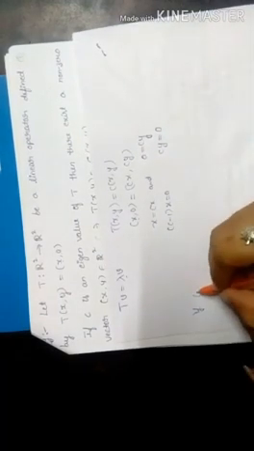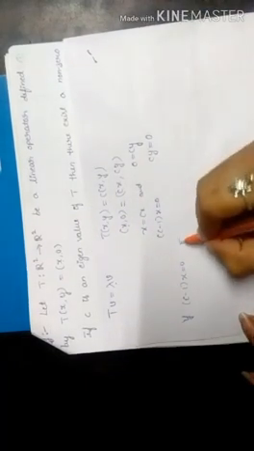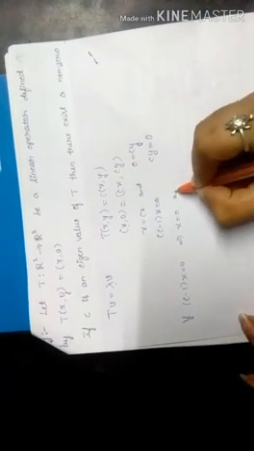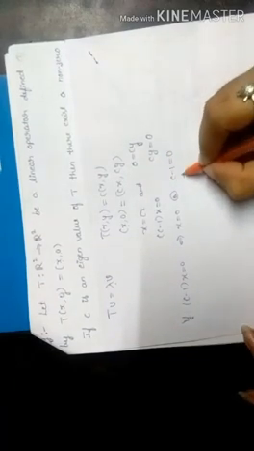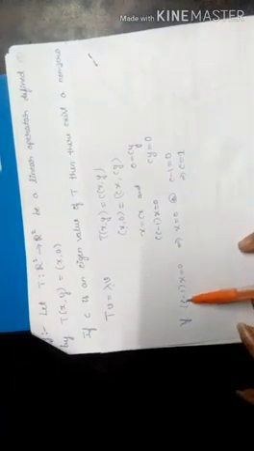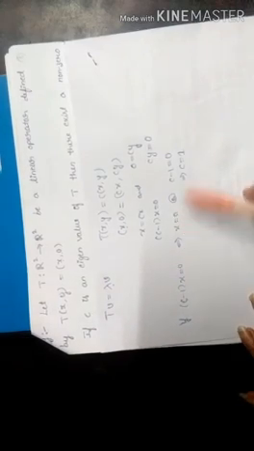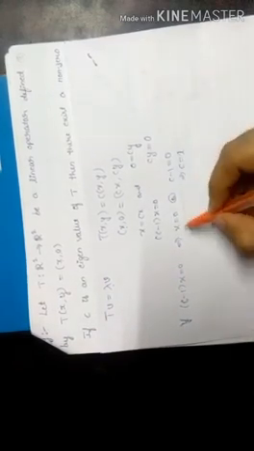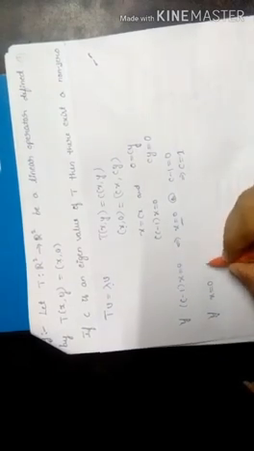If C minus 1 times x is equal to 0, then x is equal to 0 or C minus 1 is equal to 0. So C minus 1 is equal to 0 means C is equal to 1. Therefore C minus 1 times x is equal to 0 implies x is equal to 0 or C is equal to 1. If x is equal to 0, then y is not equal to 0.